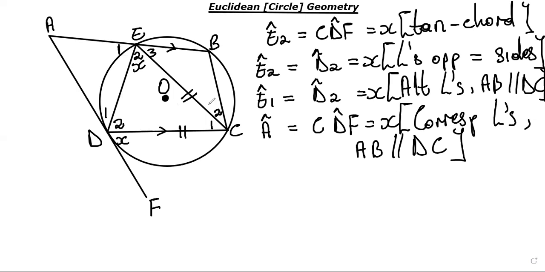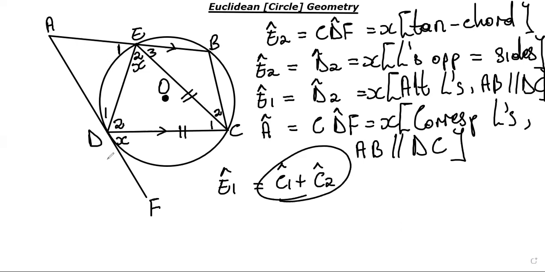And then we identified an exterior angle of a cyclic quad. We said it is equal to the interior opposite angle. So you can say, well, angle E1 is equal to angle C1 plus C2. But if you don't want to write it like this, you can choose to call it angle BCD. That's a nice way of naming it, BCD.